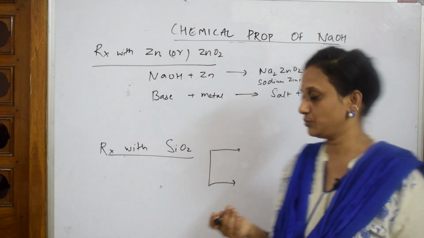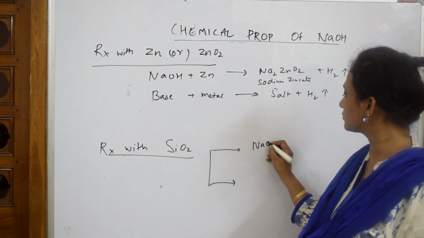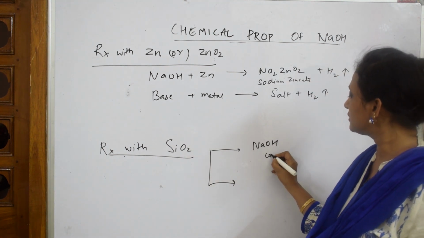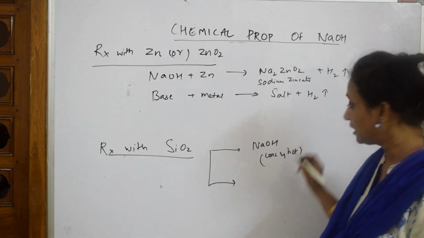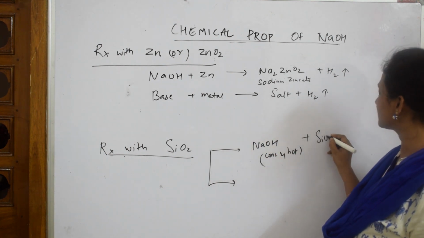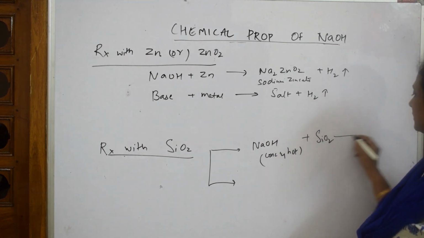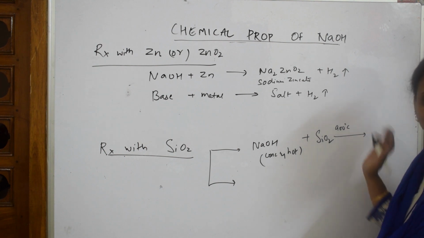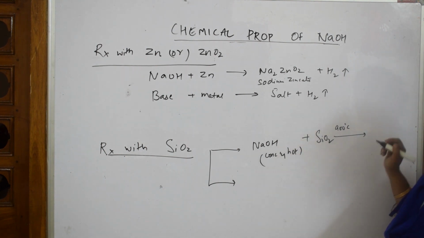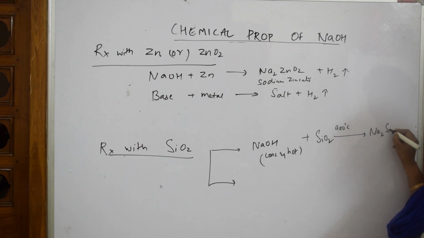So if I take sodium hydroxide here, the condition is concentrated and hot, reacting with silica SiO2. The temperature, you should remember, is almost 900 to 1000 degrees centigrade. Now what is it going to form? It's going to form sodium silicate, Na2SiO3.